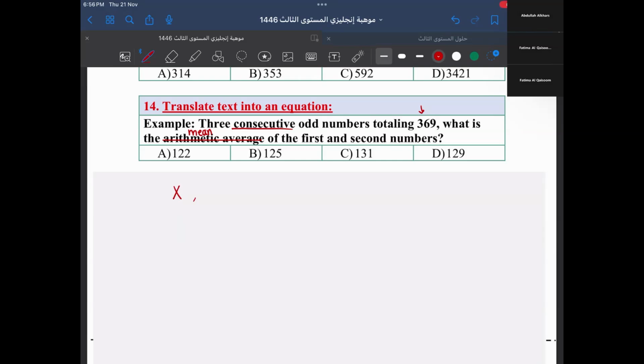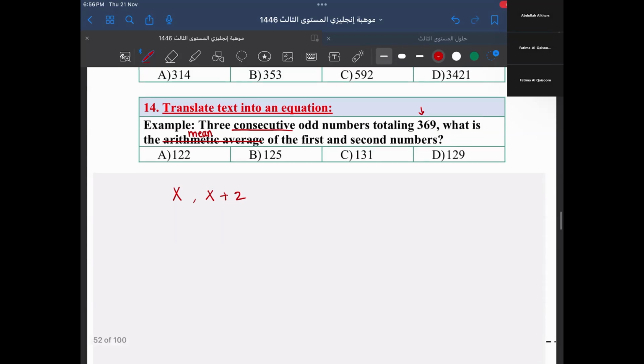Yeah, so your way is actually right, excellent. So that's basically what we're going to do. We're going to make it an equation. So I'm going to find the next numbers. Here, if it's x, then it's actually going to be x plus 2, not x plus 1, because it's odd numbers.